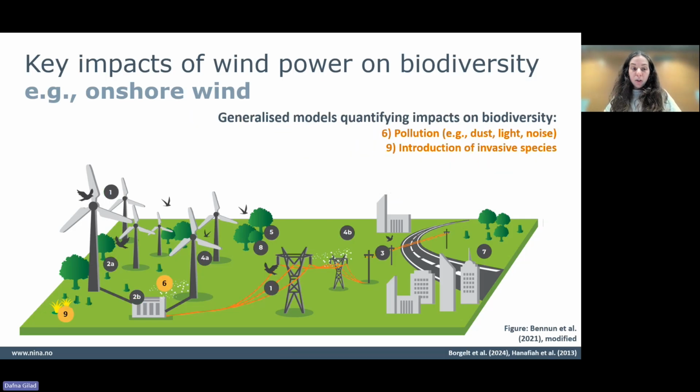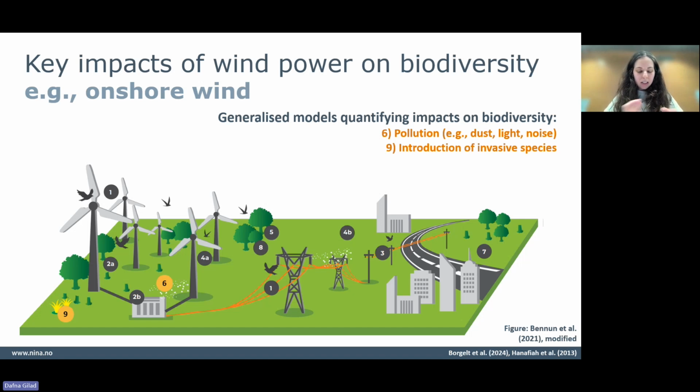And then in addition, there are also some impacts that you can quantify in LCA. So for example, pollution, but again, this is quite a generic one. And there are also models where you can quantify the impacts of the introduction of invasive species.